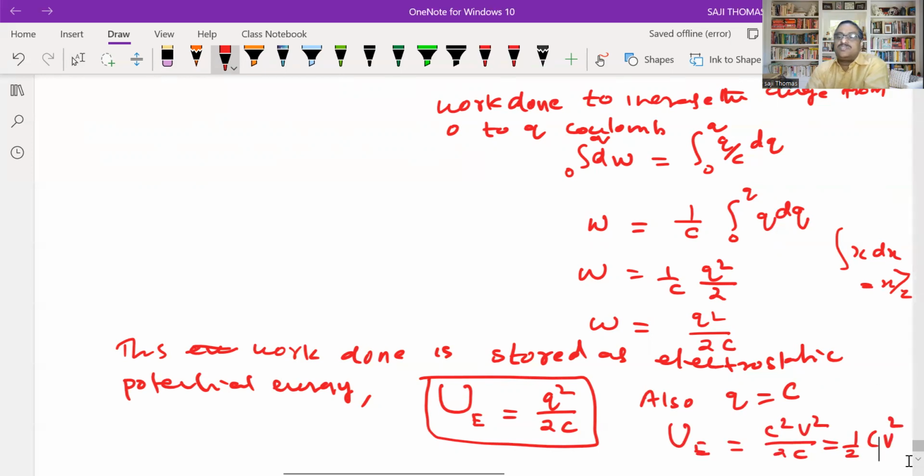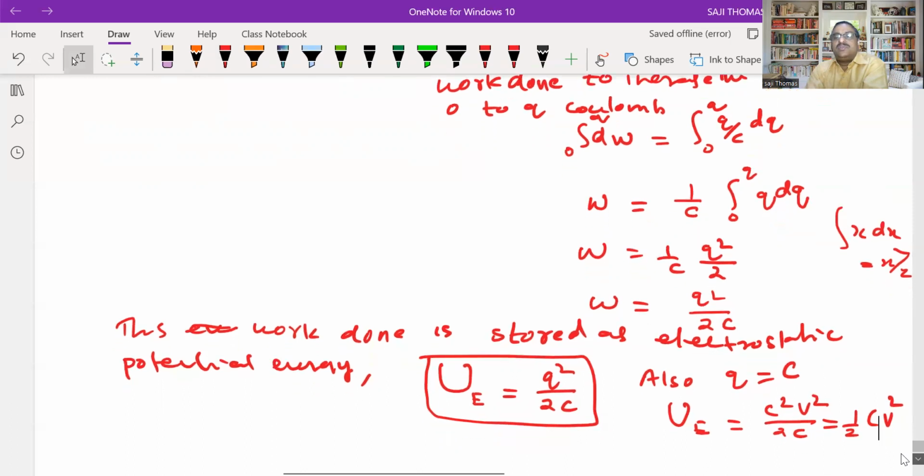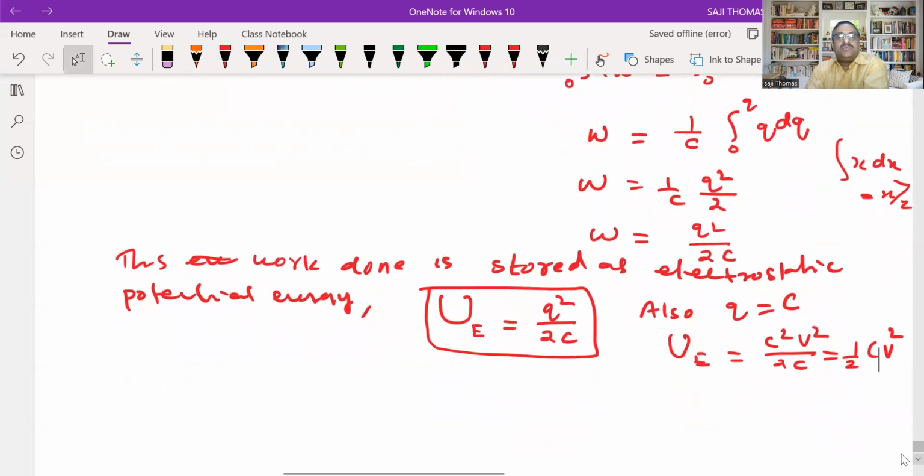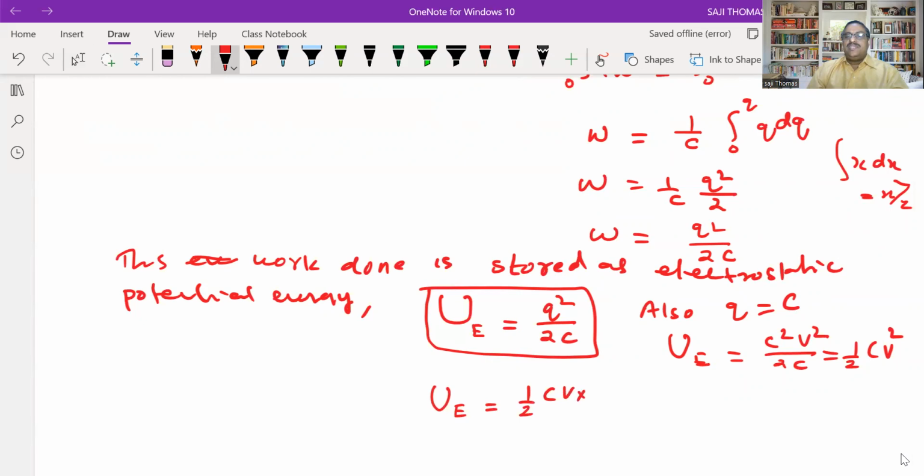So there are two equations for energy. Depending on the given quantities, you have to use the equation. UE is equal to Q square by 2C and UE is equal to half CV square. Again, you can write UE as half CV into V. So half Q into V. So we can express this energy in these three forms.